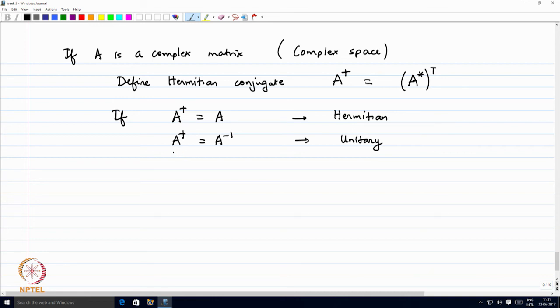So Hermitian and unitary are the equivalent of symmetric and orthogonal matrices for real matrices. They are the generalization of symmetric and orthogonal to complex matrices, and this idea of unitary or orthogonal transformations is again extremely useful in several areas of chemistry.